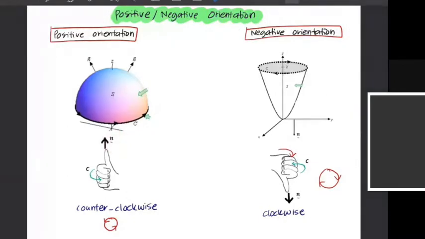If the unit normal is pointed up, the curve follows the counterclockwise direction. But if your thumb is pointing downward, the curve follows the clockwise direction.